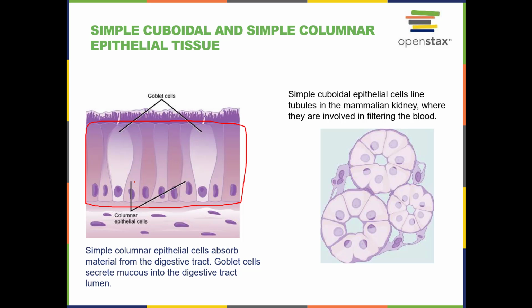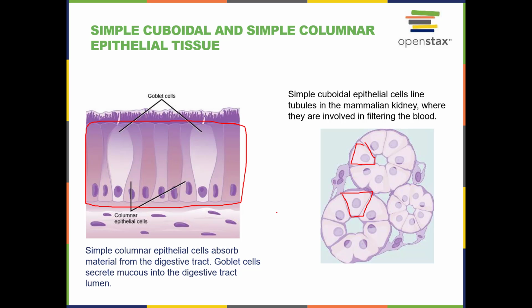And in this picture, it's hard to tell that it's simple, but you can tell it's cuboidal. And cuboidal is not a perfect cube, but something that has a sort of squarish or cubish shape. So simple means a single layer.